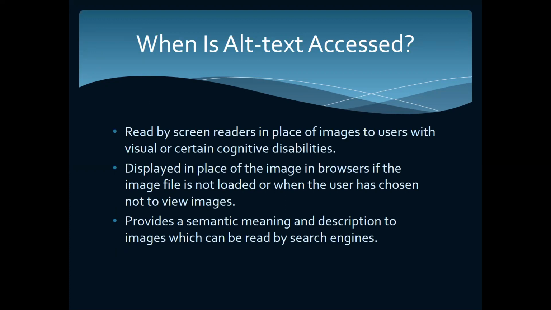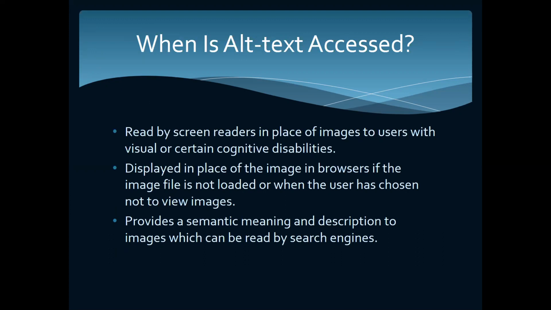Today, we're really going to focus on alternative text for images, but the principles can also be applied to other types of media or other non-text web content: charts, tables, graphs, SmartArt, clip art, word art, really anything that's non-text content. Alternative text serves several functions.